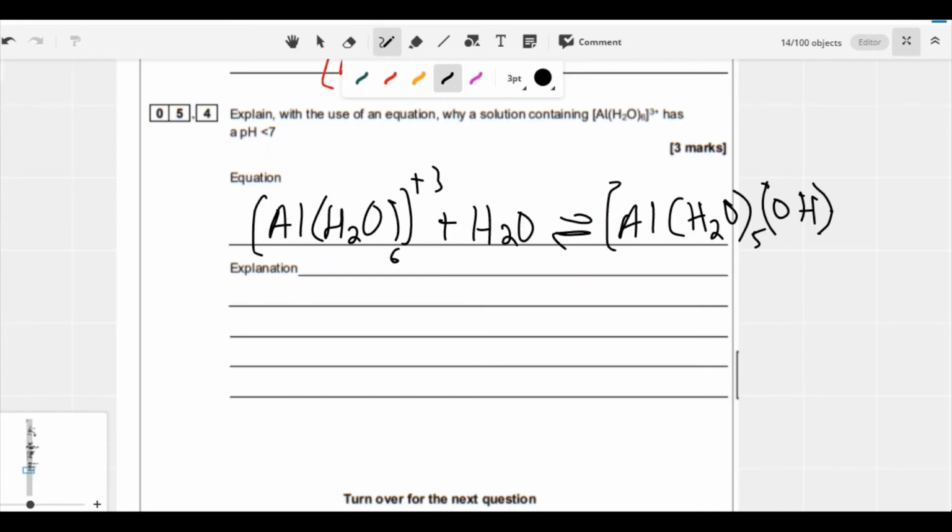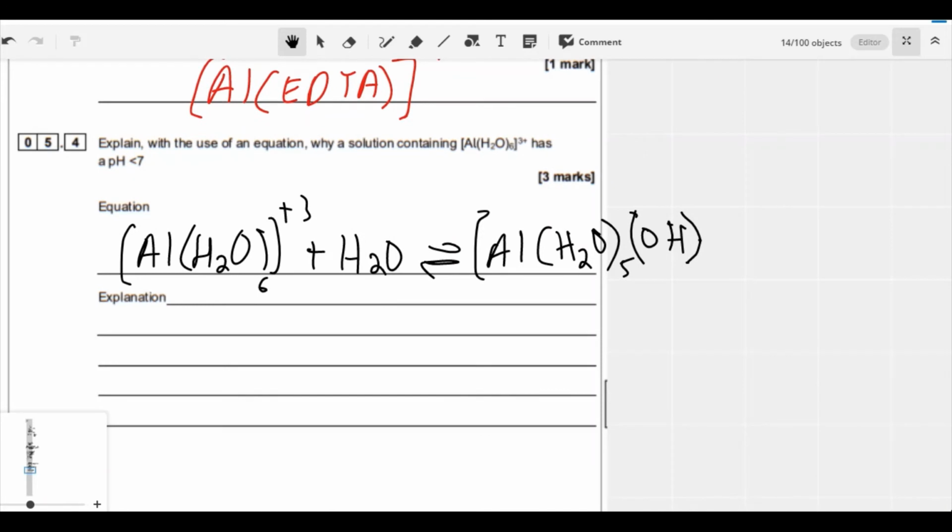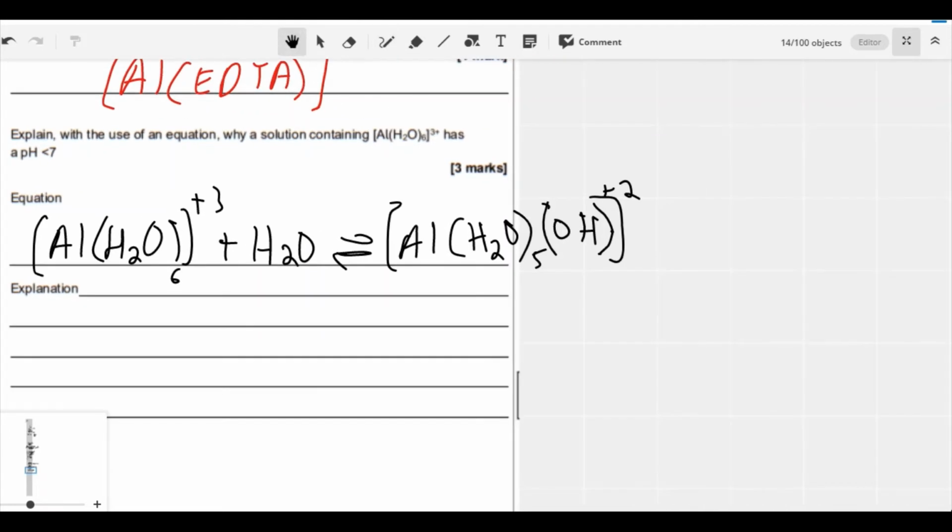Now the overall charge will be +2 because one hydroxide is used, and one hydrogen combined with the water molecule to form H3O+ hydronium ion. So you can see the production of the hydrogen ion indicates that it acts as an acid, or is acidic in nature.